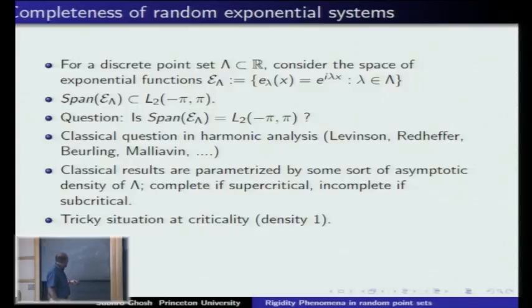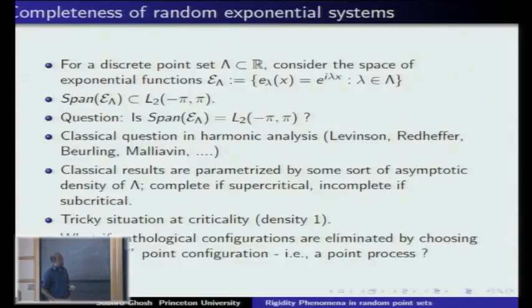But you can say that these are pathological point sets, maybe these are pathological examples. So I want a generic example. So what happens if we choose a generic point configuration, which is a point process? As far as we know, the answer to this is not known, even when lambda is chosen from a Poisson point process of intensity 1.